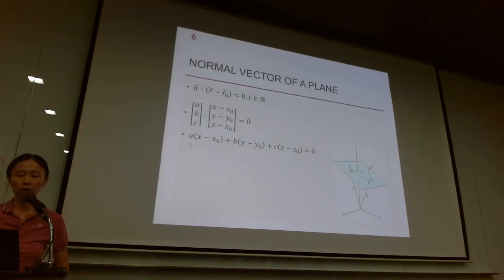Then you can carry on: a times this, times this, equal to 0. Be careful, you cannot write a x minus x0 equal to 0. I feel someone will write a parametric form, three of them. No, for this dot product, you need to be careful how to calculate it.